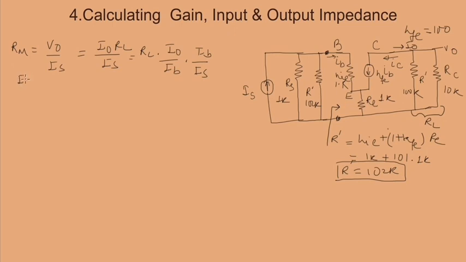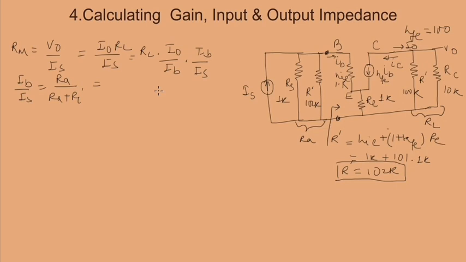Only the difference here will be in Ib by Is. Earlier, Ib by Is had the value Ra, as calculated in the previous slide, and this was hie. So now we will have Ra upon Ra plus Ri dash, not hie, and so the Ib by Is value will change.